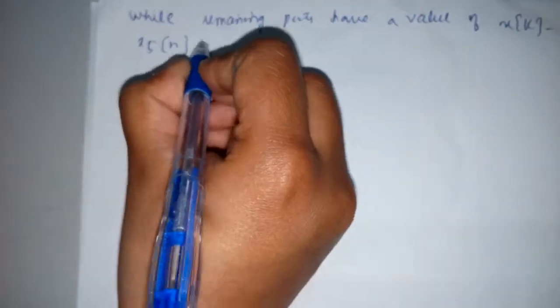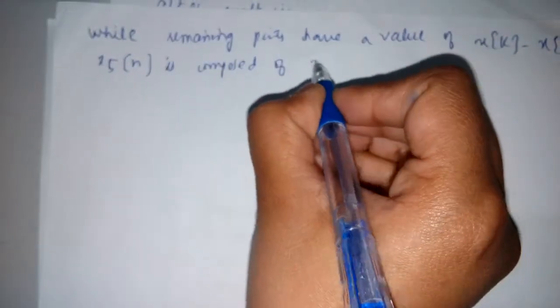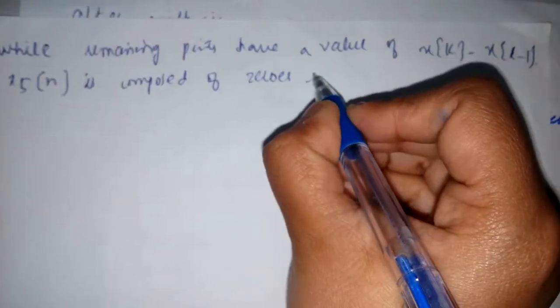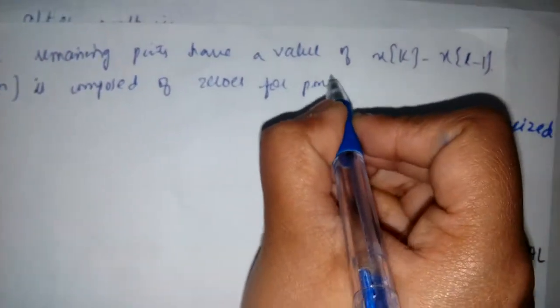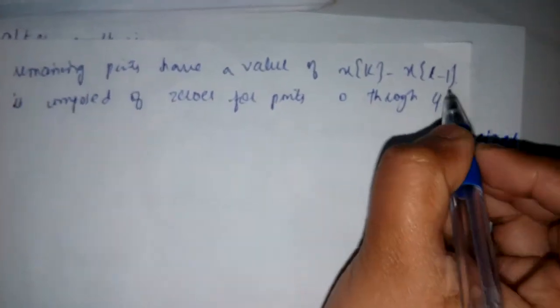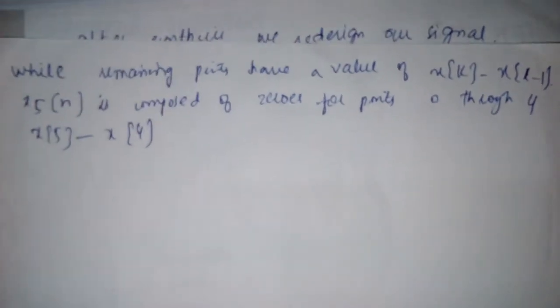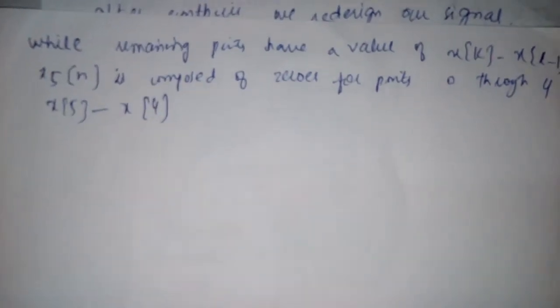For example, the fifth component signal x5[n] is composed of zeros for points 0 through 4, while the remaining samples have a value x[5] minus x[4].